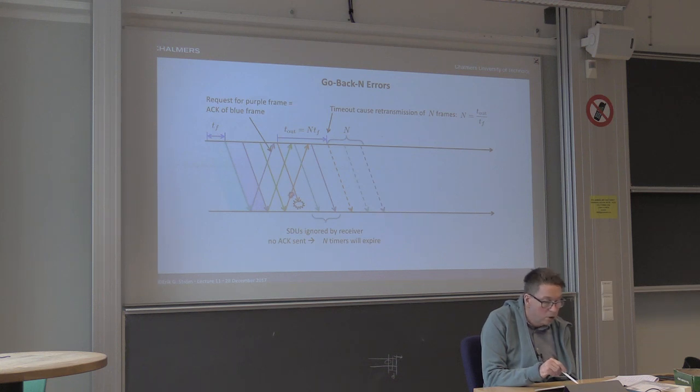So even though just a single frame error occurred, that triggers a number of retransmissions, namely capital N frames. How many frames? Well, it depends on how we have selected the timeout, and it's selected to be N times TF. So if we pick N large here, it's going to be a lot of retransmissions. If we pick N small, it's going to be fewer retransmissions.